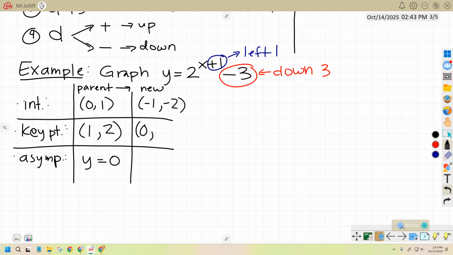I go down 3, that puts me at -1. For my asymptote, which is horizontal, is it affected by the shift left 1? No. So the only thing I have to worry about with my horizontal asymptote is the fact that my whole graph is dropping down 3, including the asymptote.